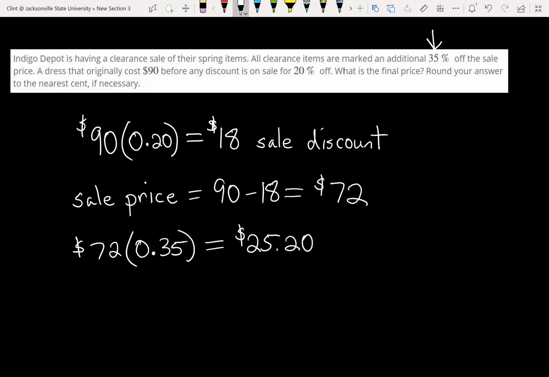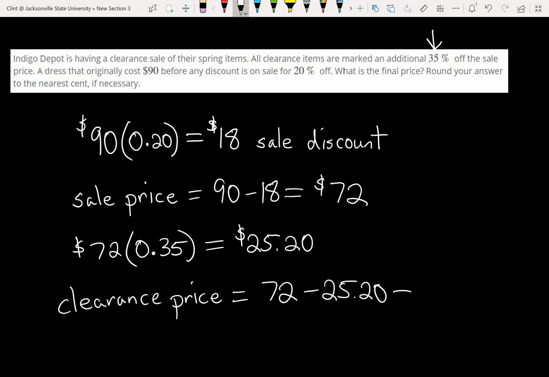Now to get our clearance price, we take 72 minus 25.20. 72 minus 25.2 gives us $46.80. That would be our final price there.